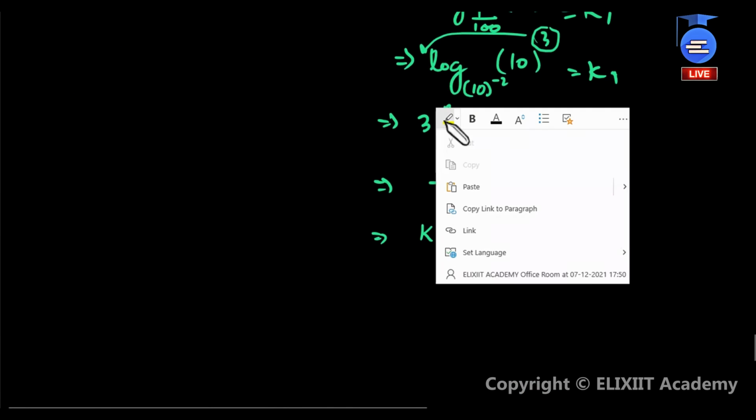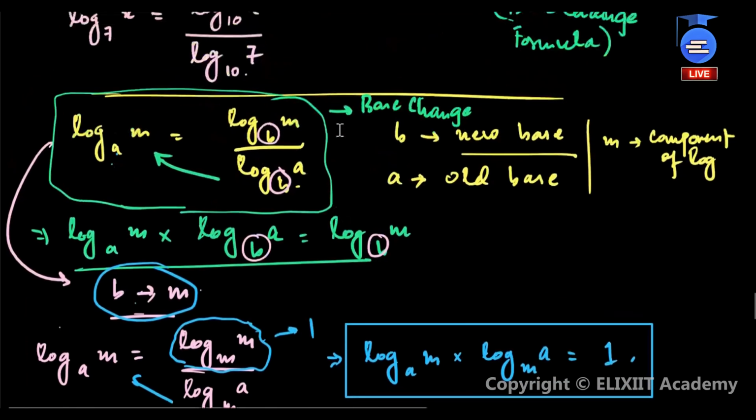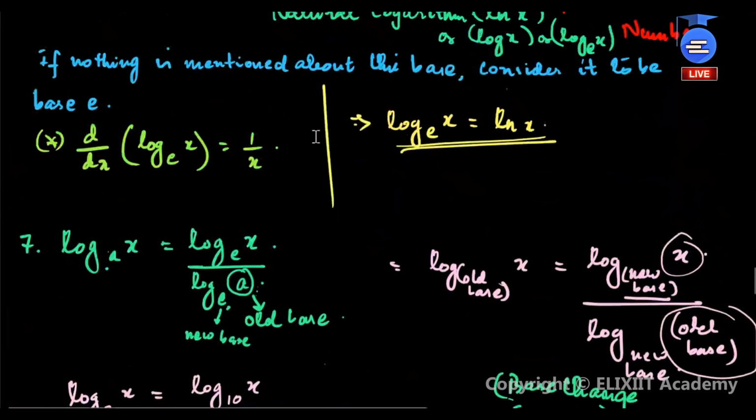What is this next property? This is the eighth property: a to the power log n base a is equal to n, where a is greater than 0, a is not equal to 1, and n is a positive rational number.